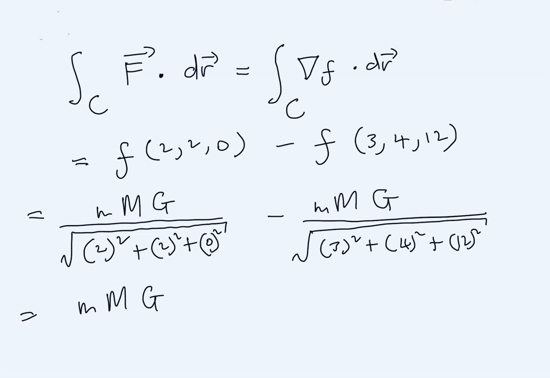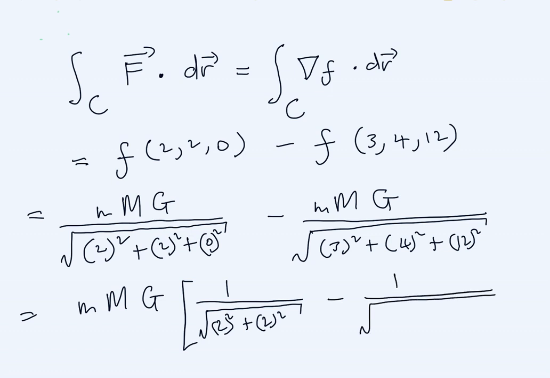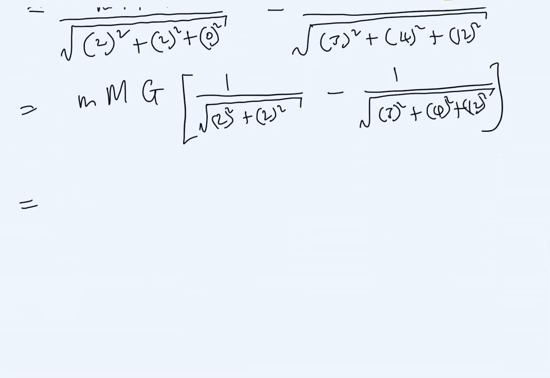Then we are left with 1 over the square root of 2 squared plus 2 squared plus 0, we'll just leave out the 0, minus 1 over the square root of 3 squared plus 4 squared plus 12 squared, which is 13.